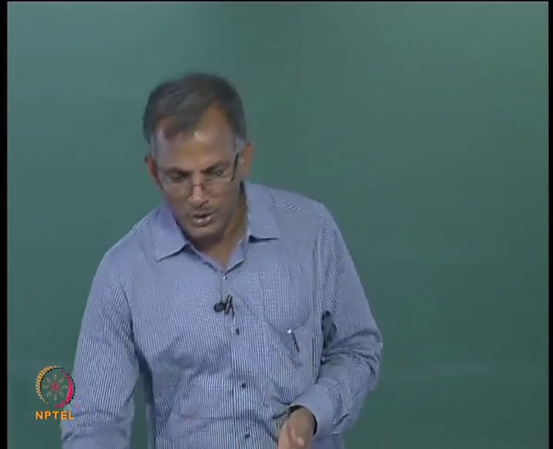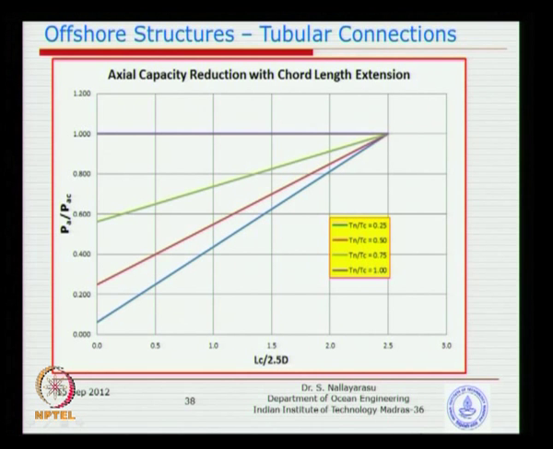If you see this plot, the thickness ratio equal to 1 is basically this line. When the thickness ratio becomes 1, it does not matter whether it is 2.5 d, because it is the same thickness everywhere. So, your reduction factor or multiplication factor is 1. As long as the thickness is smaller, that means the ratio is smaller, you have a bigger problem. So, you can see the various lines. It is always going to start from 1 and come down.